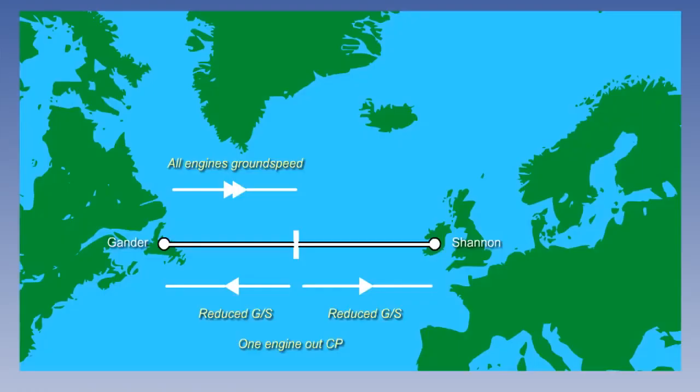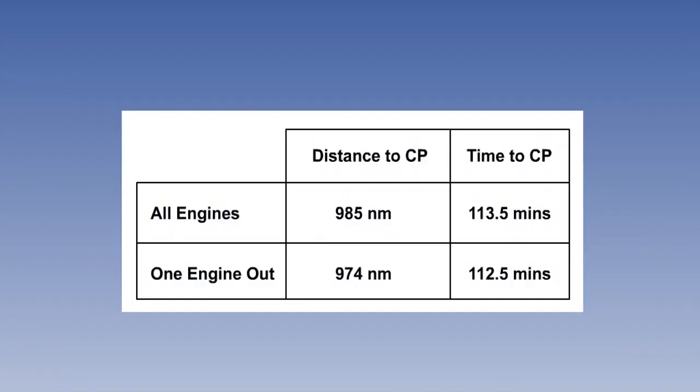However, if a reduced TAS is used to calculate the position of the critical point, the time to the critical point is still based on the all-engines ground speed. Unless there is a strong wind component, there is usually little difference between the position of the one-engine-out critical point and the all-engines critical point.